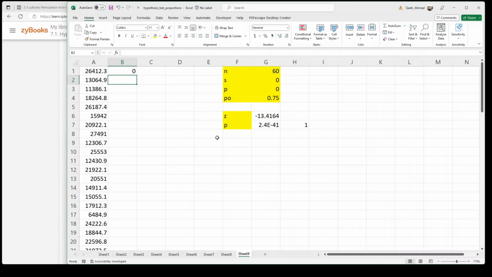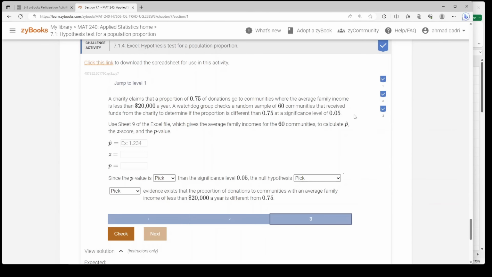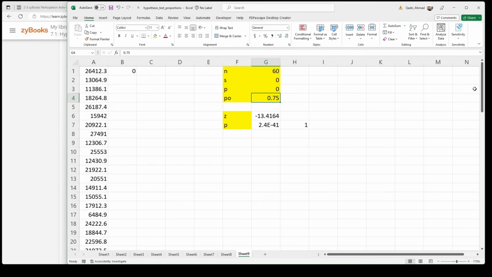I've already typed in 0.75 here for the proportion under the null hypothesis. Let's figure out how many of the 60 have an income less than 20,000.